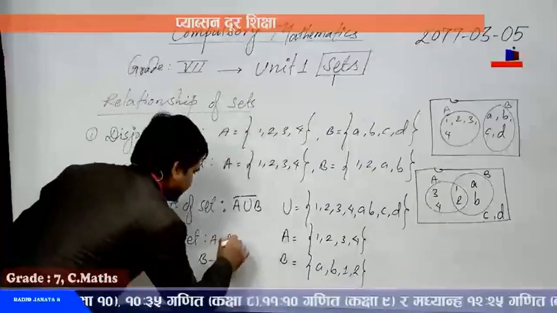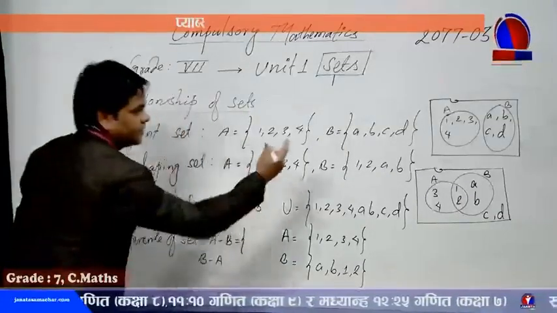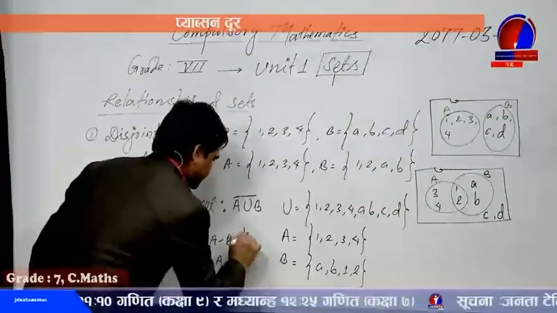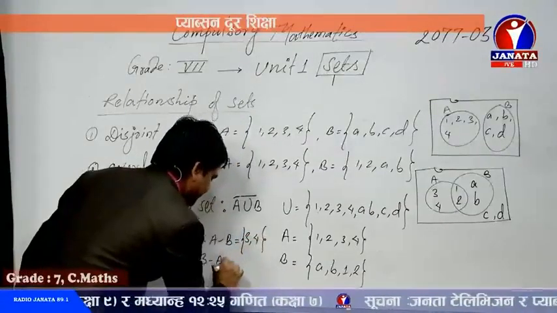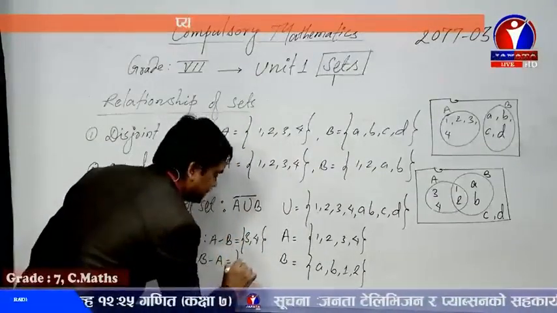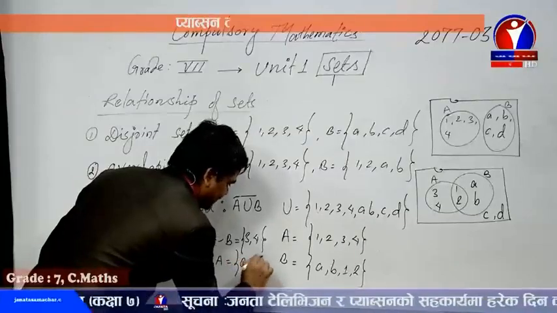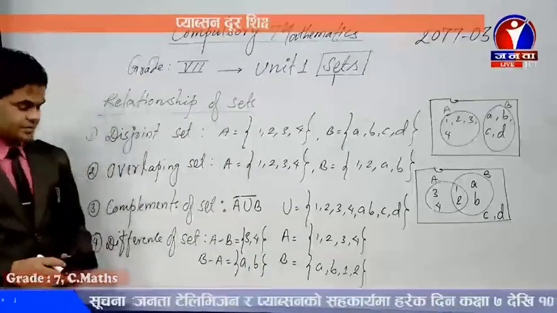Let me write A difference B equals 3, 4, and B difference A, if we represent it, then what are the elements? a, b. So this much only, dear student.